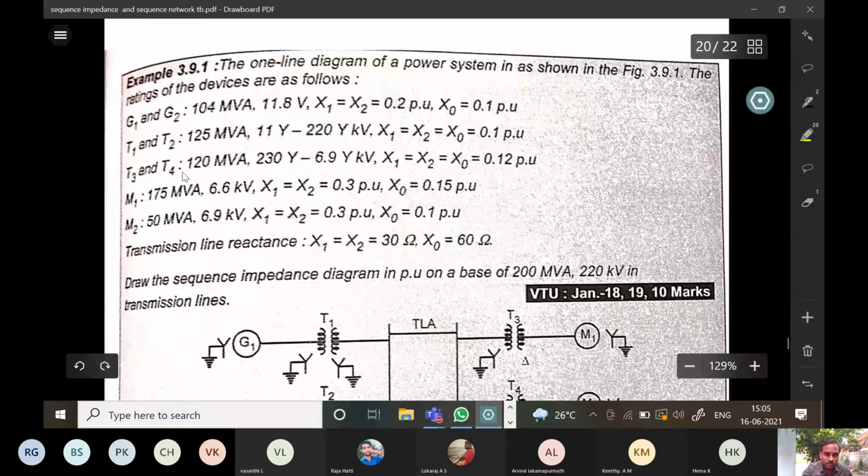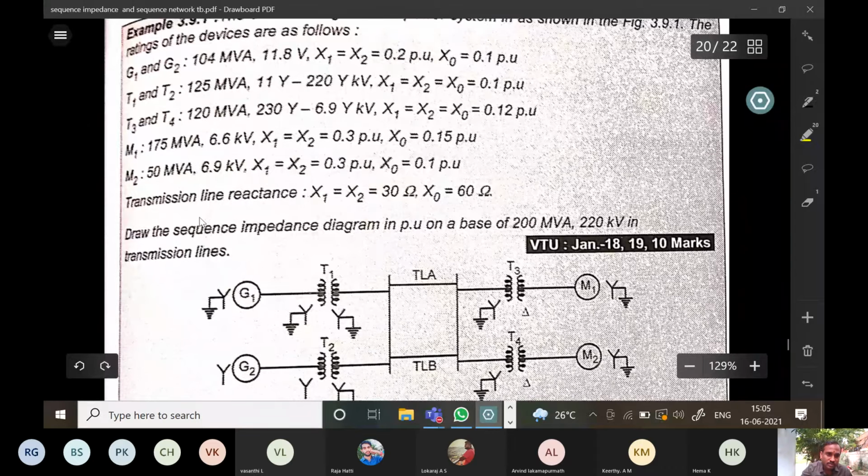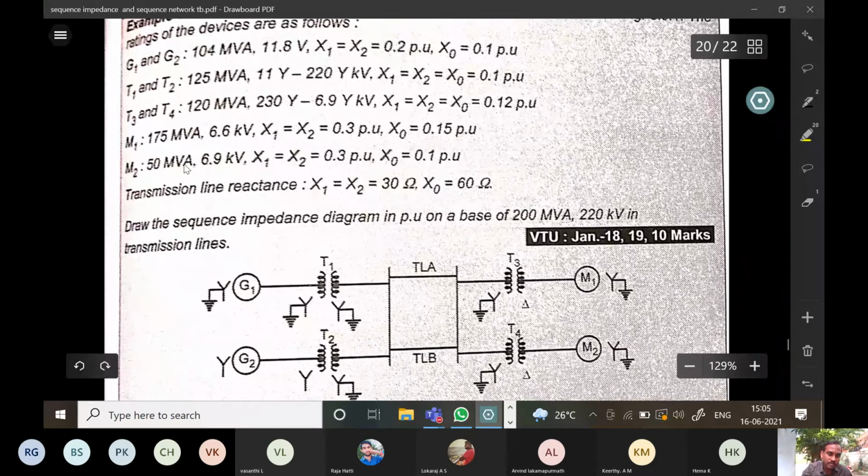And T3 and T4 are 120 MVA, star, again star, 230 to 6.9 kV. In this case the positive, negative and zero sequence reactances are all 0.12 per unit. The motor values are given as 175 and 50 MVA, at 6.6 kV and 6.9 kV.